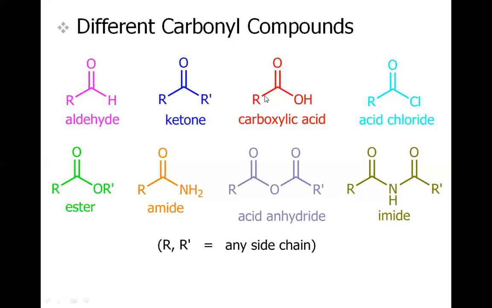If two carboxylic acid molecules condense, they give the acid anhydride, and if two amides condense, they give imide. So in a broader way, we may classify the carbonyl compounds into two classes. One is called the aldehyde and ketone, and the other class is called the carboxylic acid and its derivatives.